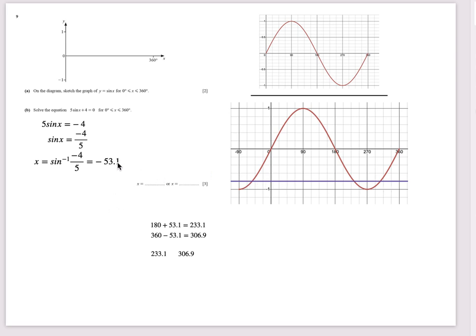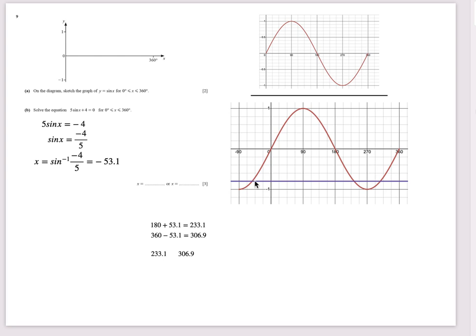So I'm getting a negative x value, which is a bit tricky, isn't it? Because it's outside of the range that I'm looking for. I'm asked to find the solutions between 0 and 360. But what's happening here is that that's my -4/5 or my -0.8. And that's the solution my calculator is giving me, which is -53.1.